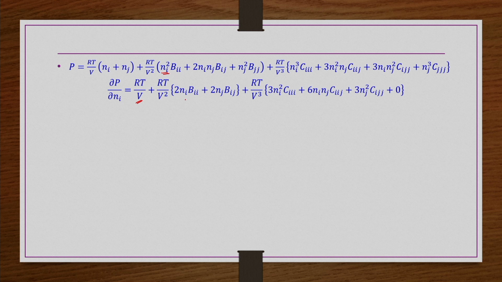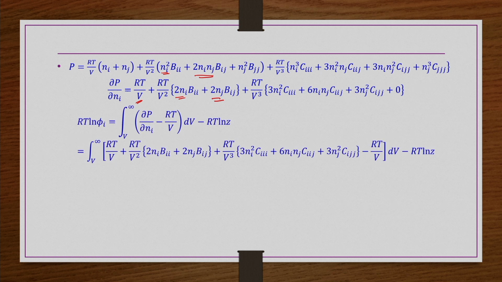Differentiation of Ni square with respect to Ni is 2 Ni. Here, differentiation of 2 Ni Nj with respect to Ni is nothing but 2 Nj, and differentiation of Nj square with respect to Ni is 0, so then the third term is not there. Likewise, we differentiate all other terms, for the third term in the RHS as well. Then we have this one.